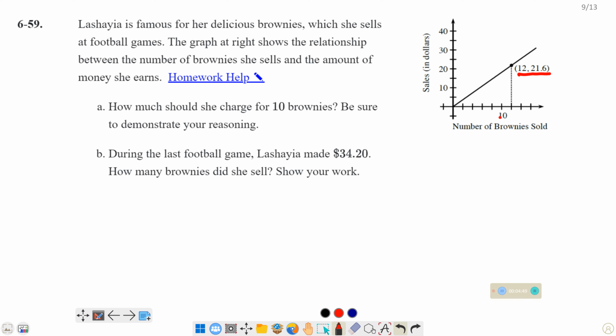Maybe you use some information right here that helps you figure that out. But you need to mark question letter A on your paper, and you need to write, for 10 brownies, she should charge blank dollars because, and explain your reasoning.